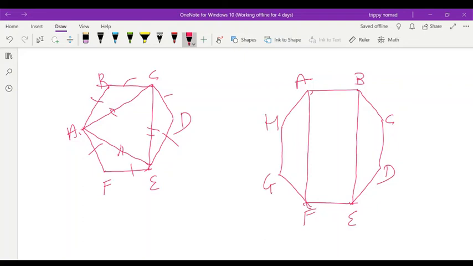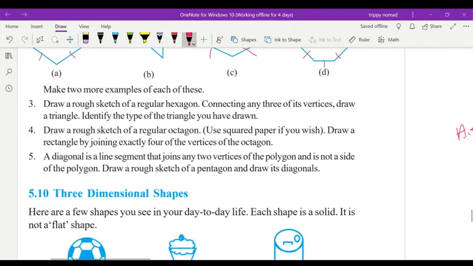H. So what is A, B, E, F? These two sides are equal to this, and this side is equal to this. What is this called? Rectangle, in which opposite sides are equal in measure.